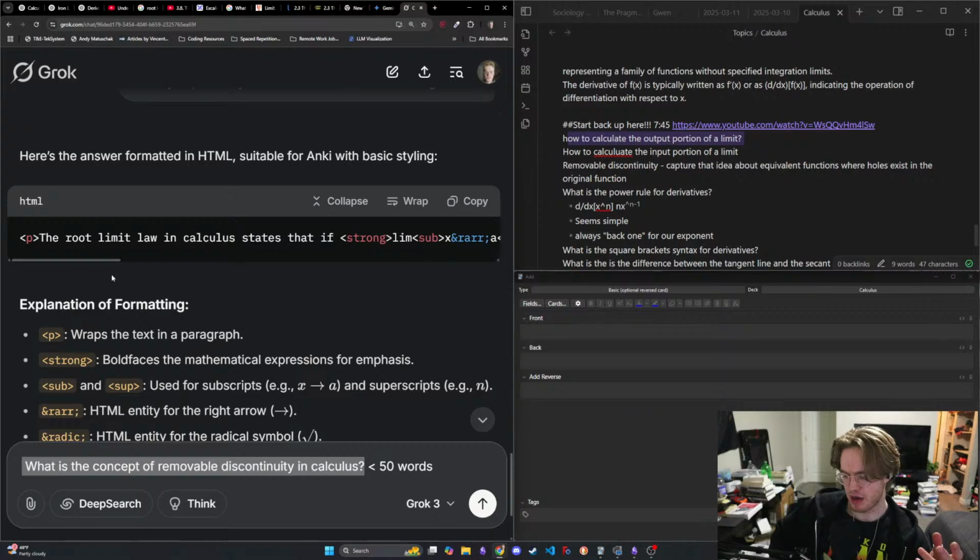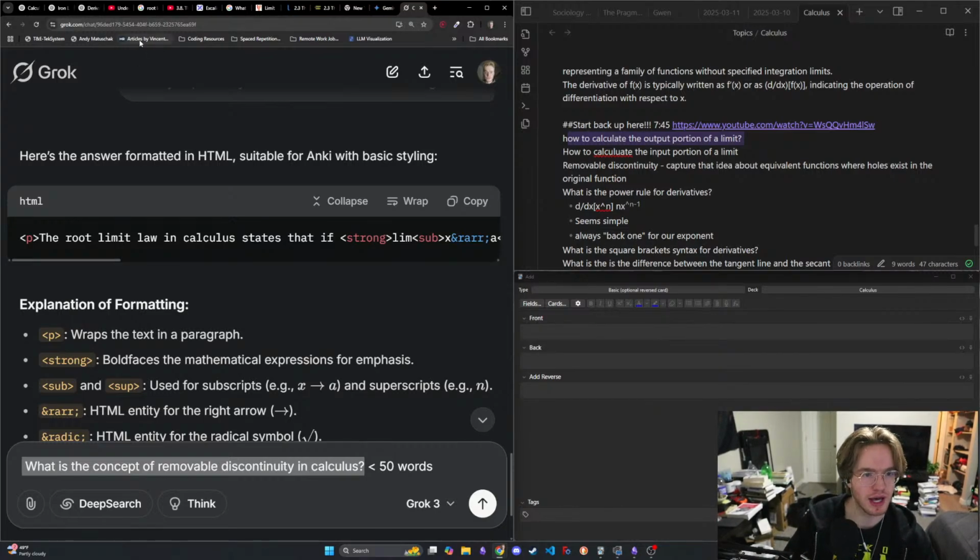The example of that one was the expression x plus 2 times x minus 2 over x minus 2. If you put 2 in for x, then it's undefined because x minus 2 is 0 in the denominator, right?